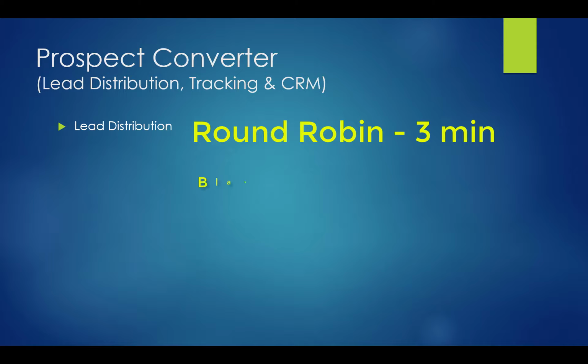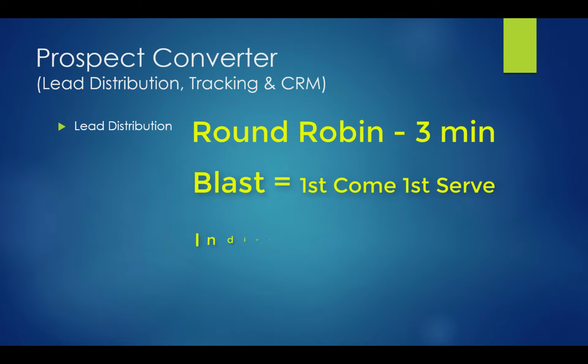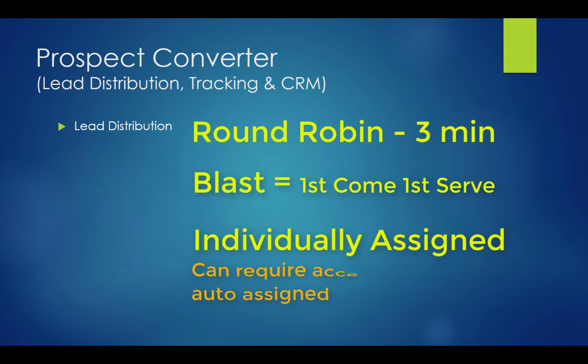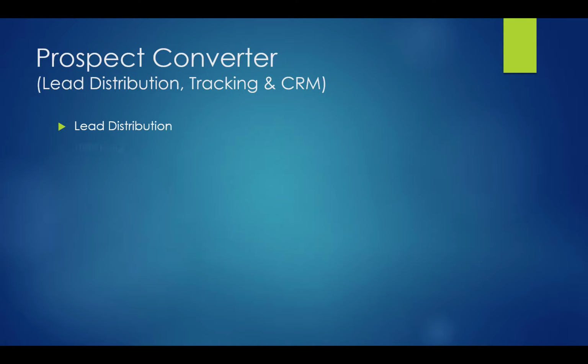Leads sent out via a blast are on a first-come, first-served basis. And leads that are individually assigned can either require that the agent accept them, or they can be auto-assigned with no acceptance required, depending on the circumstances. The exact mechanics of these distribution methods will be covered in other videos in this series.